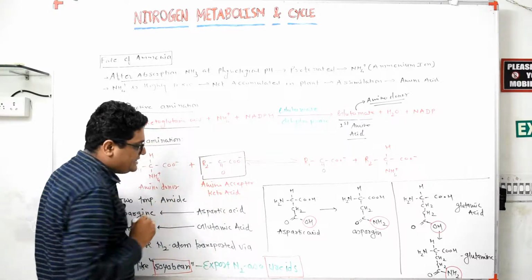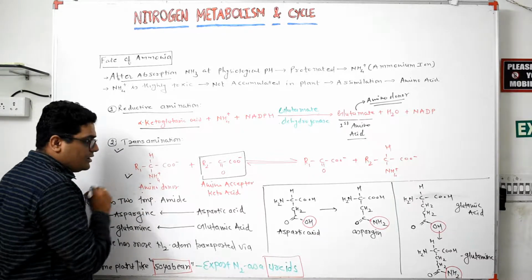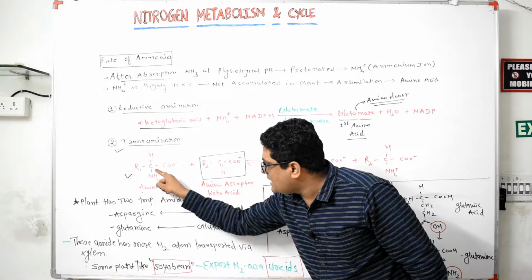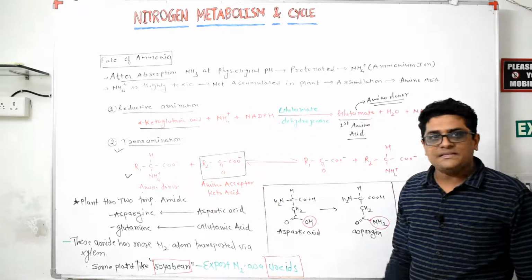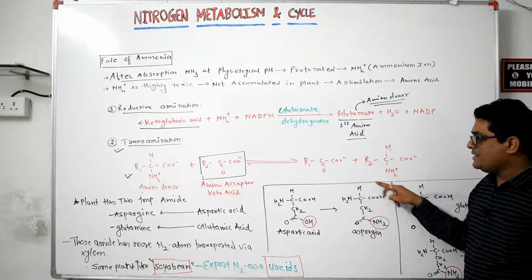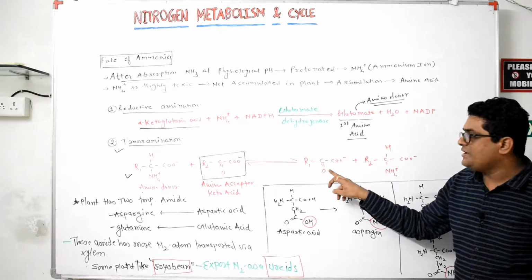This is the keto acid, an amino acceptor, and this is the amino donor. The amino donor donates the amino group to the keto acid, and the keto acid is converted into amino acid, and the amino donor is converted into keto acid.